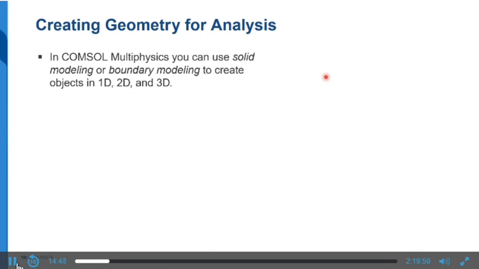So what do we mean by that? If this is a 3D object that you have, then you can have a surface or you can have an edge also. And all these different objects, if you are working in 3D, this is a solid object. If you are working in 2D, this is a solid object. If you are working in 1D, this is a solid object.